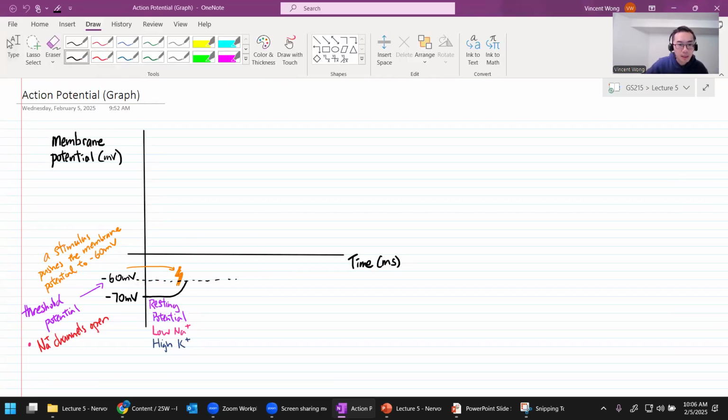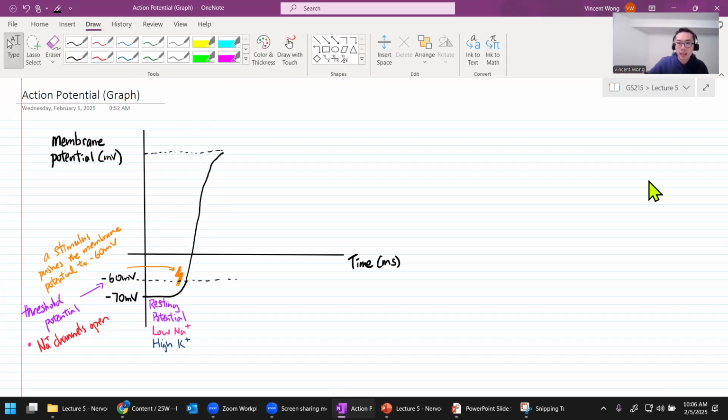It's going to go up. But it's not going to go up forever. It's going to go up, up, up, up, up, until what number? What number do we stop going up? Well, the sodium is going to come in as long as the channels are open.